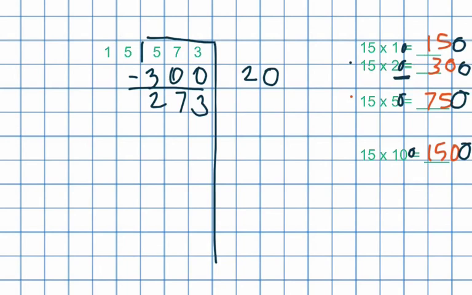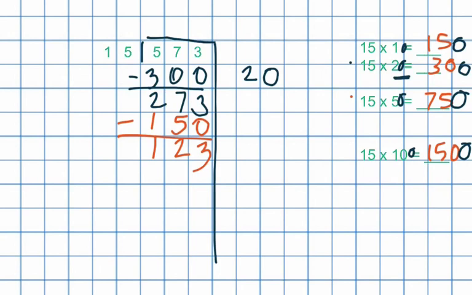Now I have 273. And I want to think, what's the largest chunk I can now take out? I can definitely take out 150, but I can't take out 300. 300 is too large. So I'm going to take out 150. And when I do my subtraction, 3 minus 0 is 3, 7 minus 5 is 2, 2 minus 1 is 1, so 123.